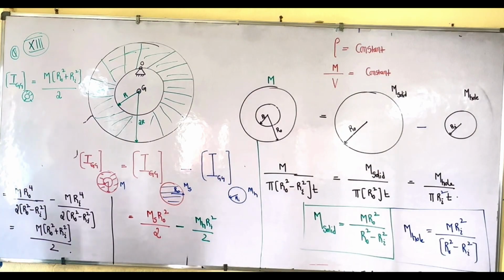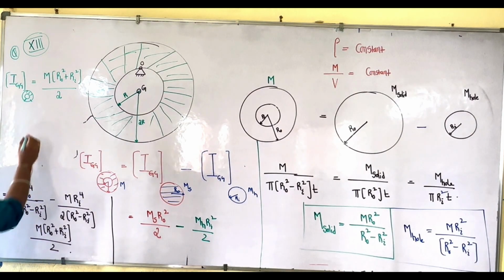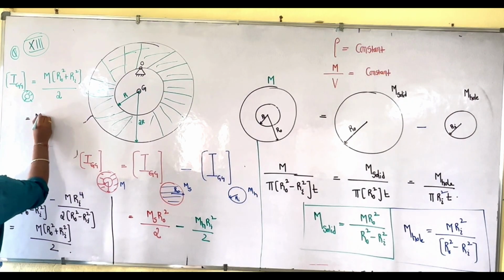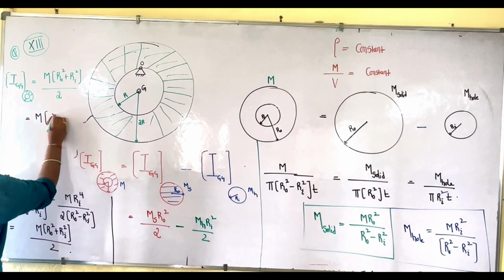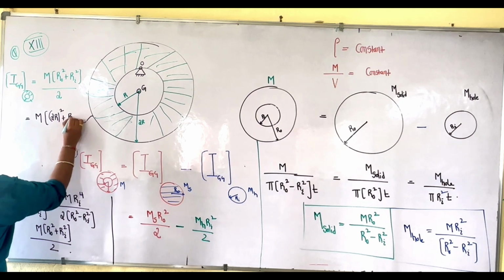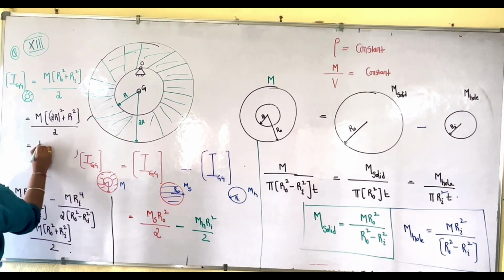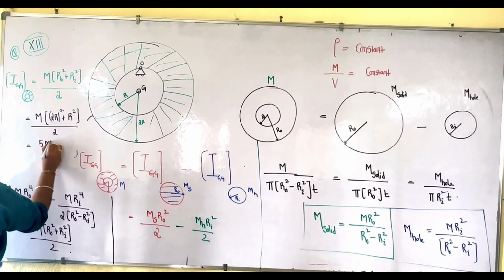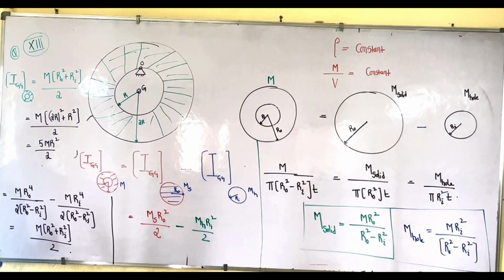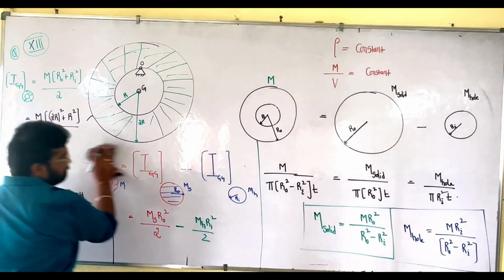Plus will come. Now, coming to M into R0 square: 2R square plus R square by 2. This is 5 times M R square by 2.